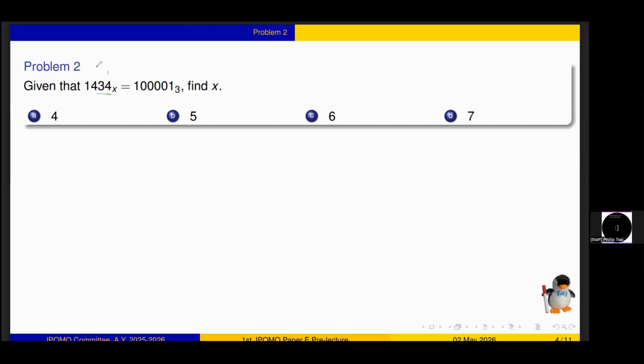This digit is in the tens place, or basically it has value equal to x. This digit, which is 4, is in the hundreds place, which is equal to x squared. And this is the thousands place, where each digit in that place has a value equal to x cubed.